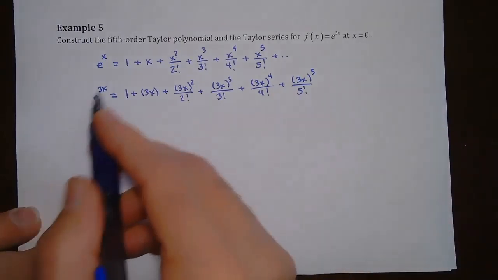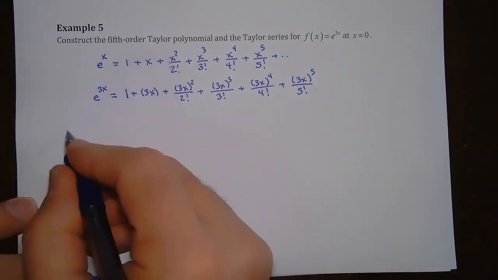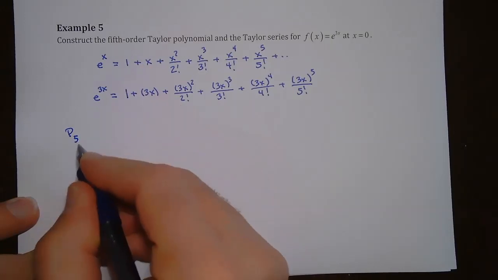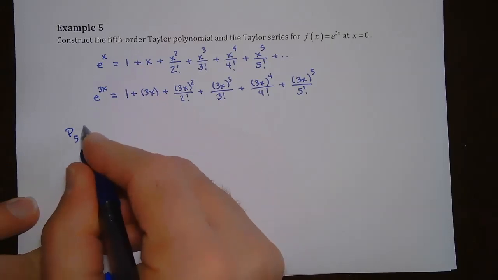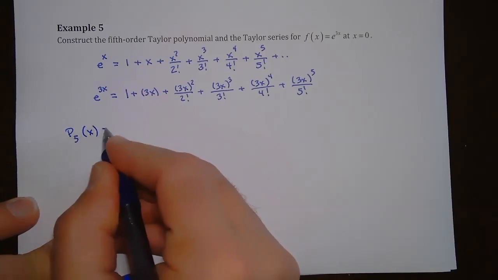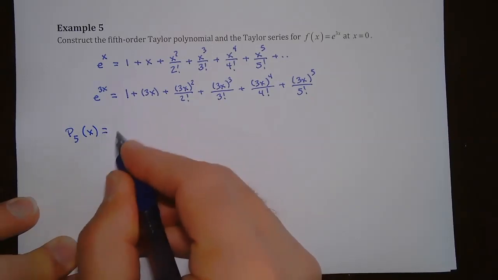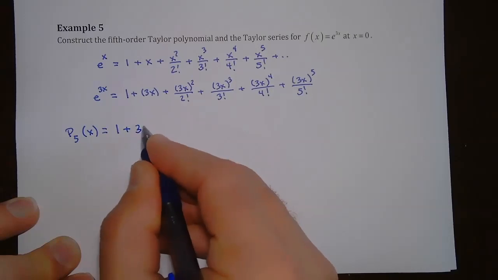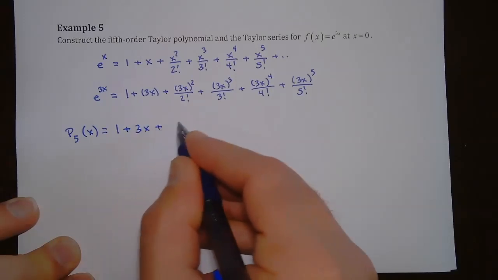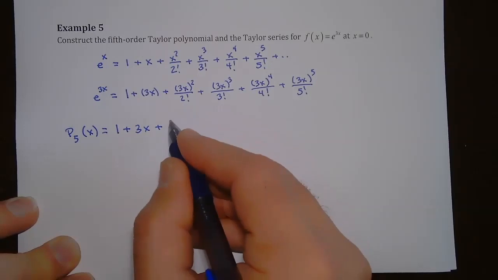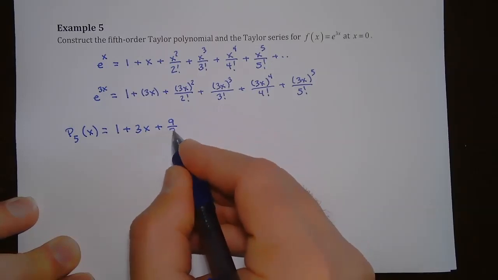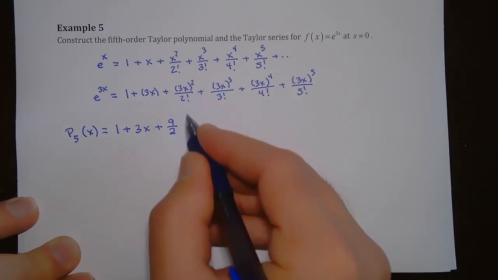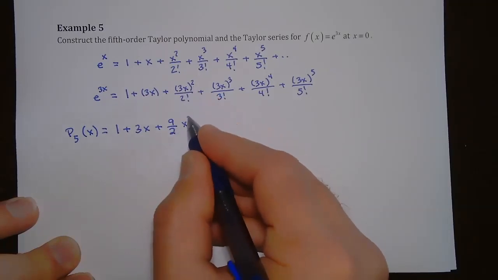Okay, so I'm going to construct this Taylor polynomial. So P, and we want 5th order, so I'm going to do P 5, the 5th order Taylor polynomial of x is equal to, so I'm going to clean this up a little bit. This would be 1 plus 3x plus 9 over 2, because 3 squared is 9 and 2 factorial is 2, x squared.